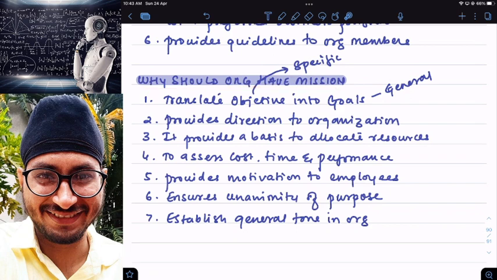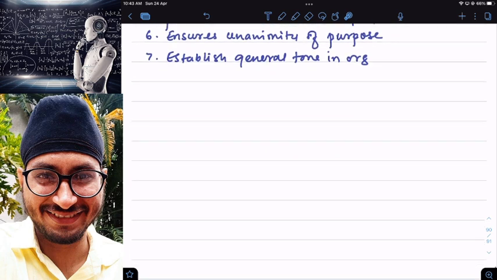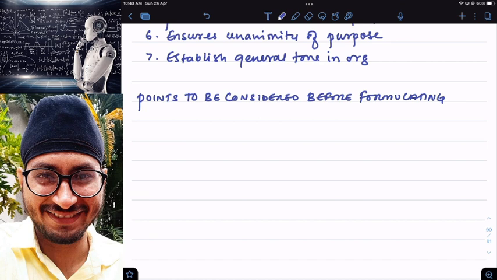Now, whenever we are preparing a mission, some points you have to keep in mind. Let us discuss those points. Points to be considered before formulating a mission.